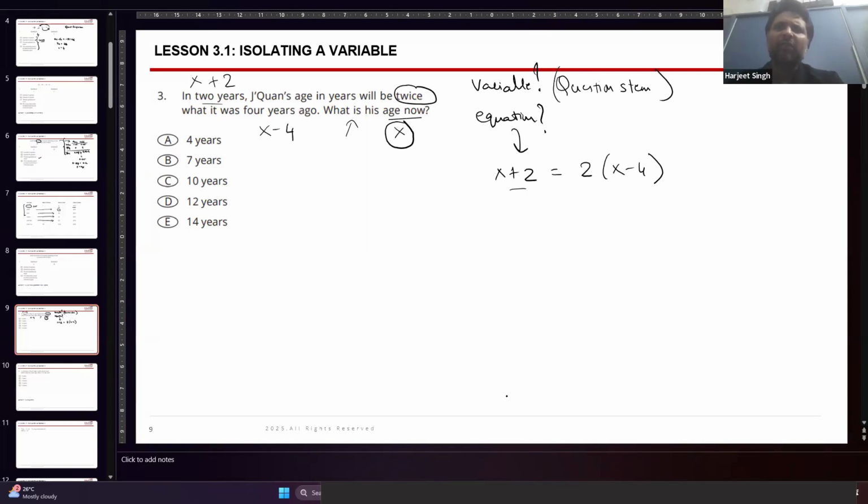Something which is more will be on the LHS, and something which is less will be on the RHS, because we are multiplying it with a constant or coefficient, correct? That's a cross check you should do. Now we can solve this. X plus 2 equals 2 times X minus 4. Open the brackets: 2X minus 8. X on this side, minus 8 on the other side, gives you X equal to 10.